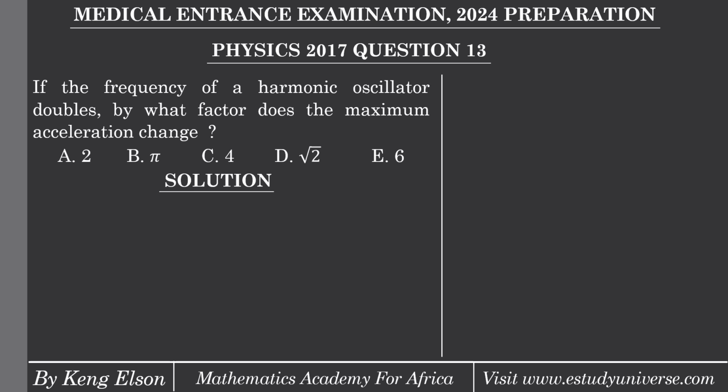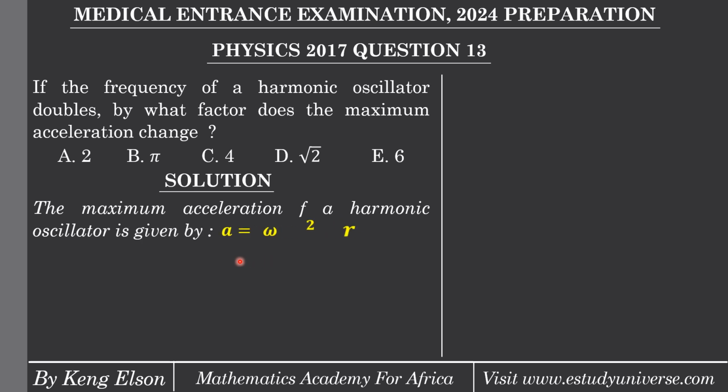Okay, so first of all, I would like us to define what the maximum acceleration of a harmonic oscillator is. A harmonic oscillator is basically an oscillator that undergoes simple harmonic motion. And if you're undergoing simple harmonic motion, by definition, your maximum acceleration will be defined by A equals omega squared r.